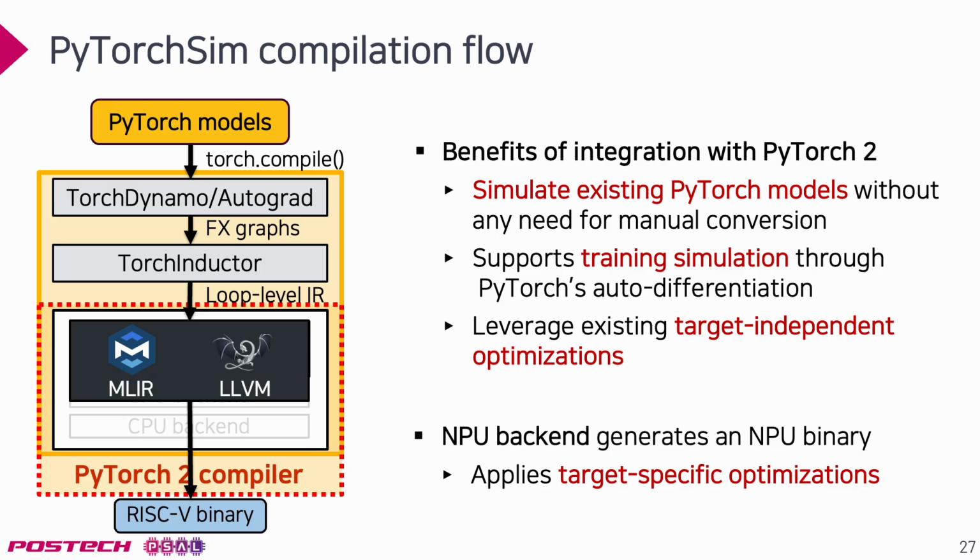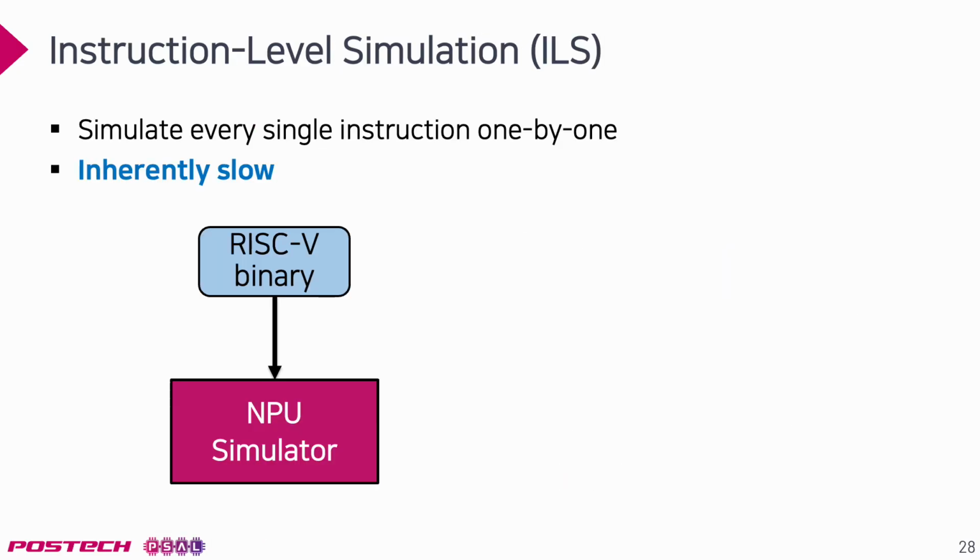It takes the loop-level IR and translates that into a RISC-V binary for our MPU through compilation passes in MLIR and LLVM. Along the compilation process, we also apply target-specific optimizations for our MPU. This compiled binary can then be executed on the MPU simulator, one instruction at a time. However, simulating every instruction one at a time can be very slow.